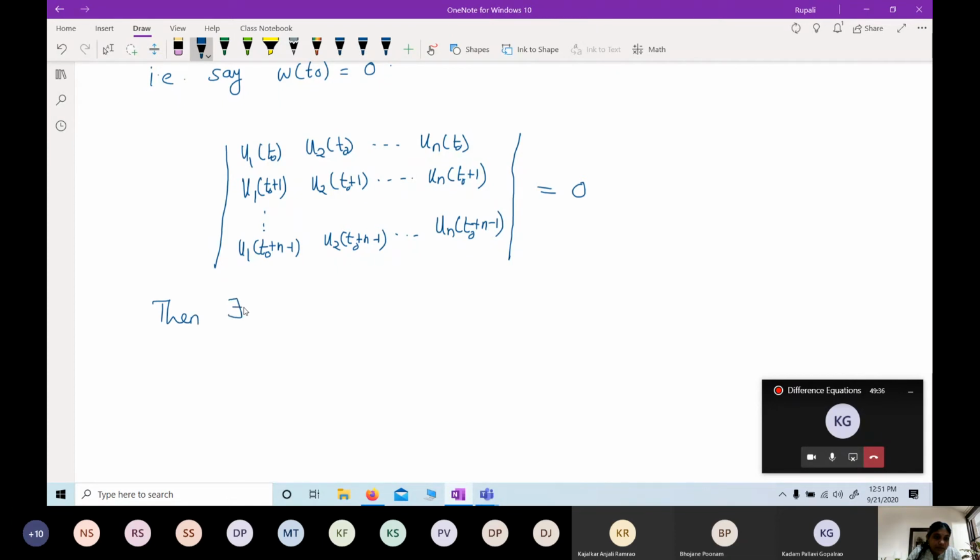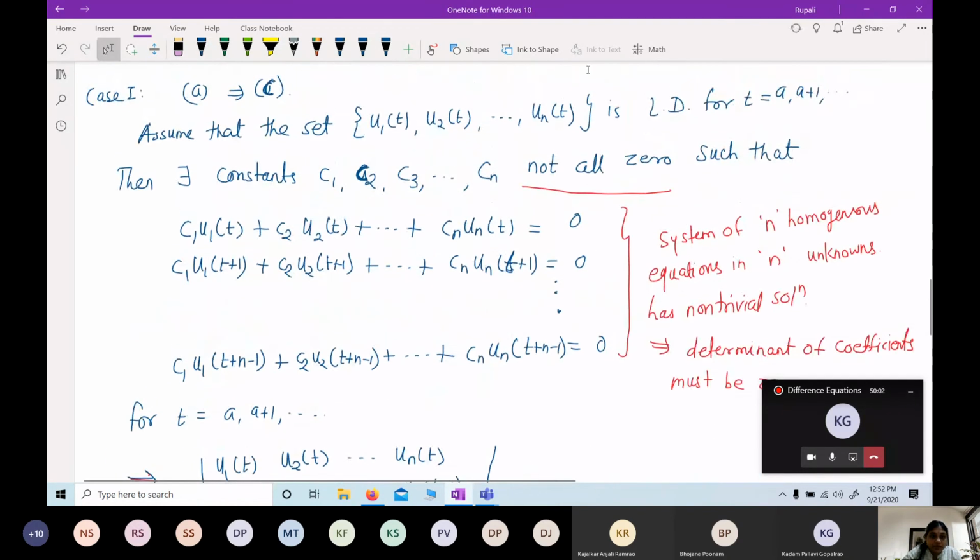there exist constants C1, C2, ..., Cn, not all 0, such that they satisfy the n homogeneous equations. Again the same equations, only for t equal to t0.